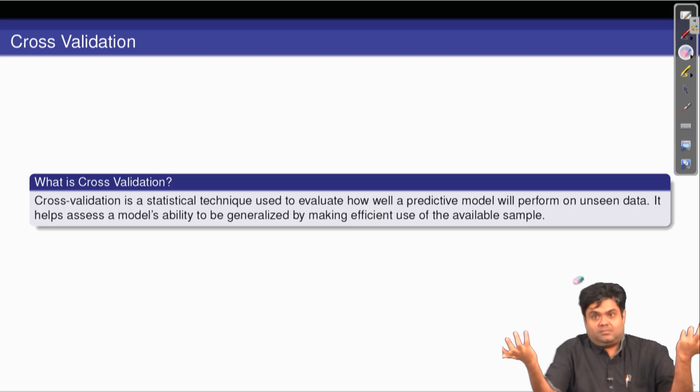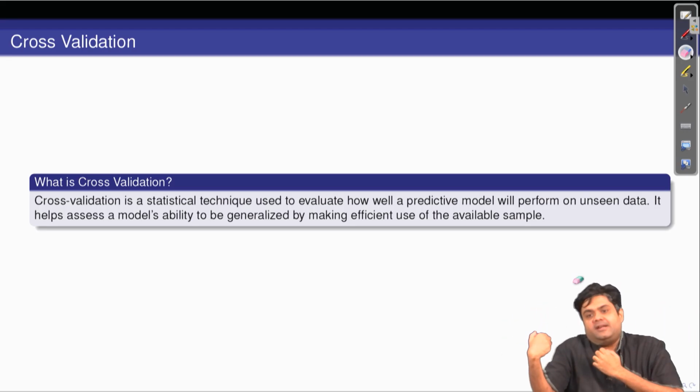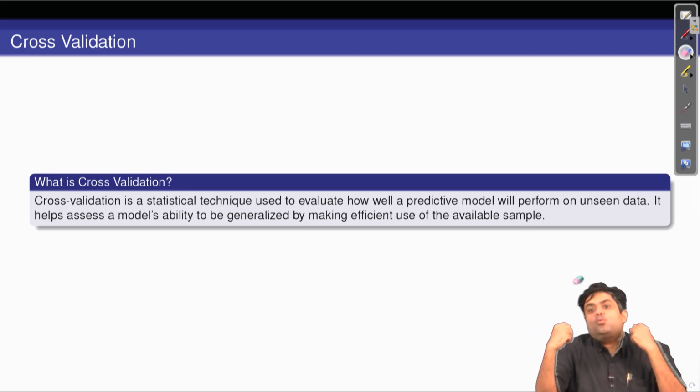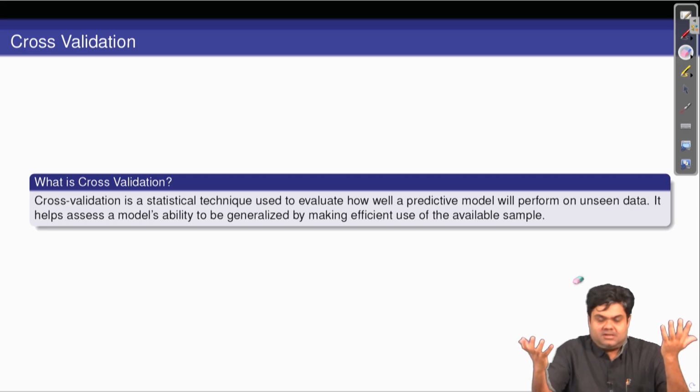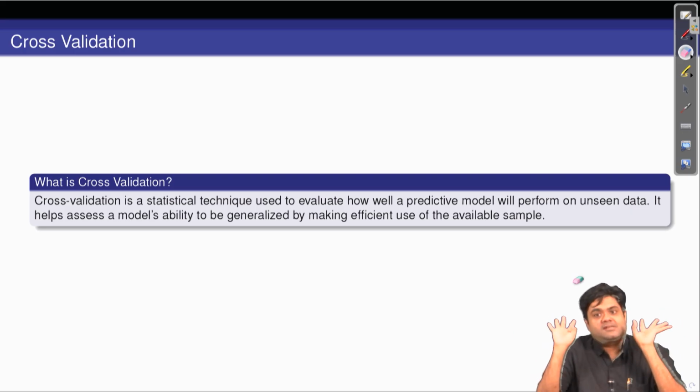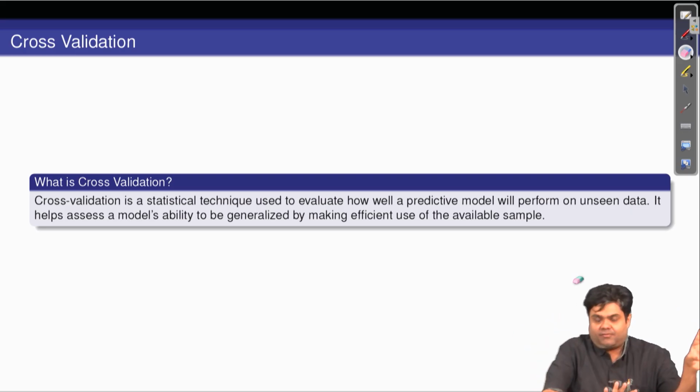Now, what do you do? If you are stuck with that, what do you do? There are various cross validation techniques that we are going to discuss today, which will actually reuse the same sample in various different ways to treat it as different samples. This assumes the sample is random enough and representative of the population.